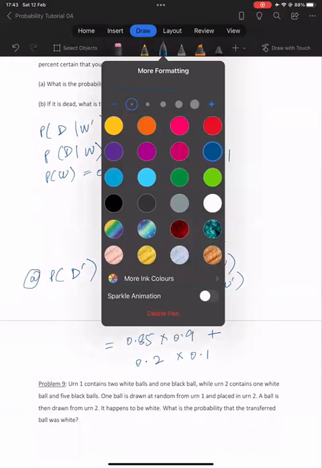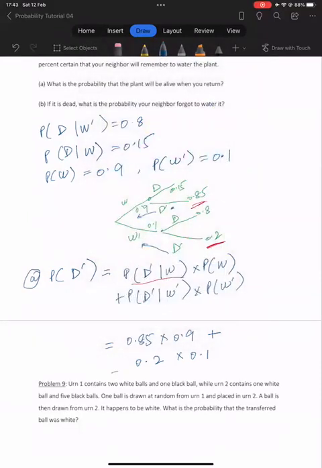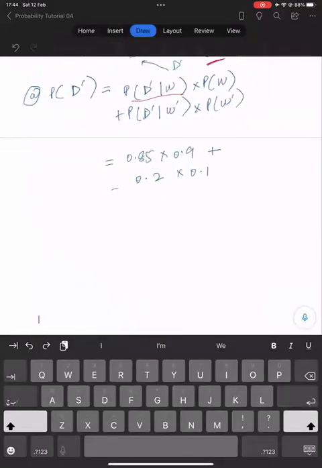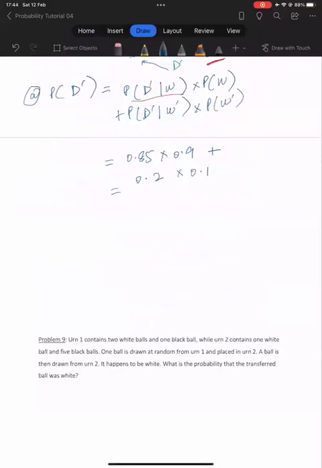So our answer should come out to be 0.85 into 0.9 plus 0.2 into 0.1, so 0.785. ठीक है.